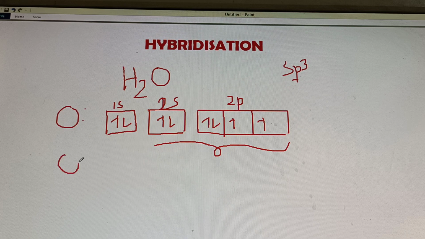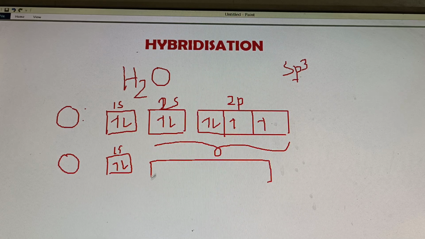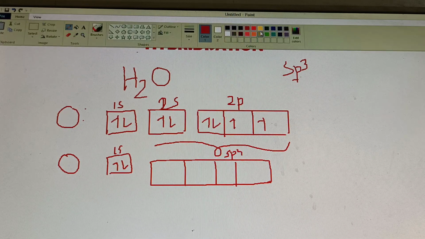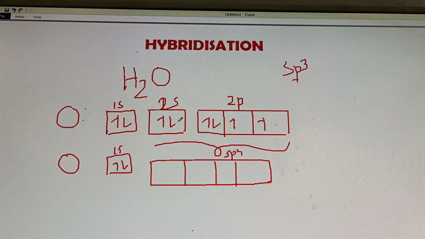Oxygen's 1s will be unaffected and 4 sp3 hybrid orbitals will be formed. How many electrons before hybridization? 2, 2, 4, 5, 6.